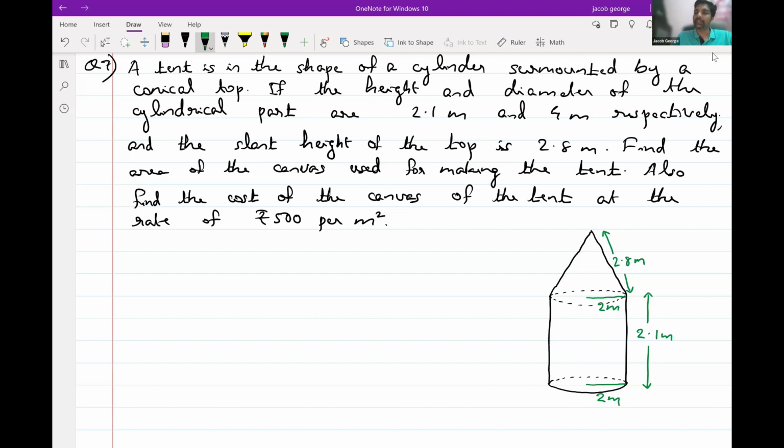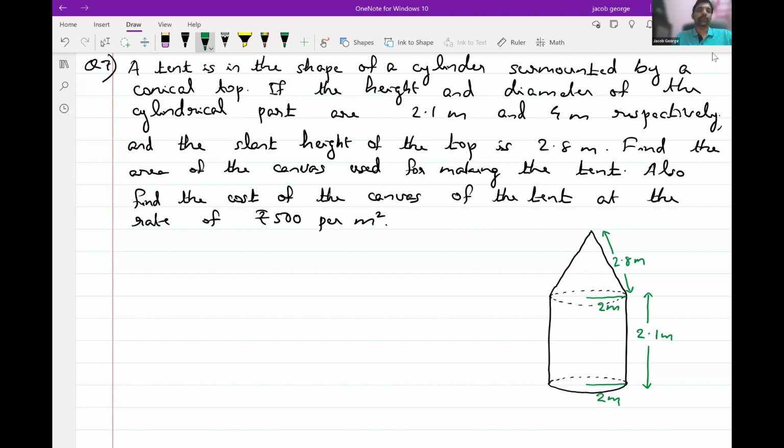That area is only the CSA. CSA is enough. Area of the tent is always CSA, the area of the canvas used for making the tent. So it is CSA of cylinder plus CSA of cone.